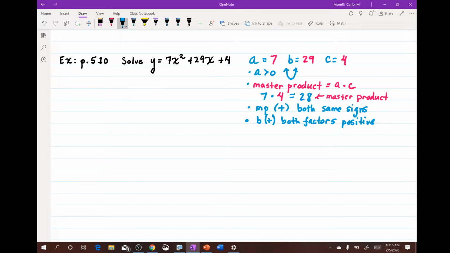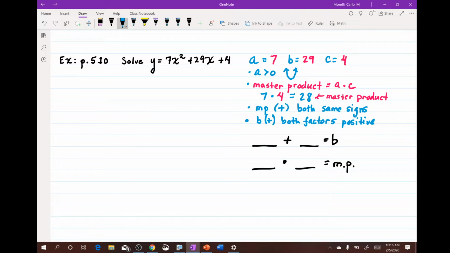I believe we're now ready to play our little game. Okay. Now this game's a little bit different. We are trying to find two numbers that add to equal B, and those same two numbers need to multiply to equal the master product. So let's substitute in our real numbers there.